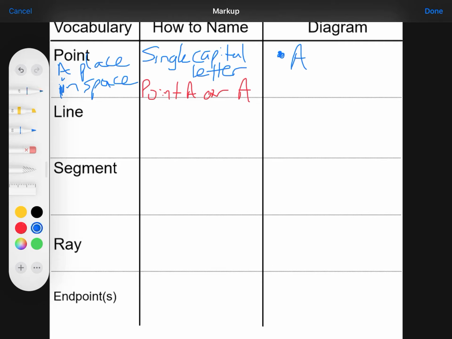You can just write a single capital letter and that's it. Versus a line. A line is not 1 point or 2 points or 3 points or 4 points or 5 points or 6 points, like sort of here on the right side. Instead, as I erase those all, a line is all of them, all the different points that you could connect that are straight and they go on forever.